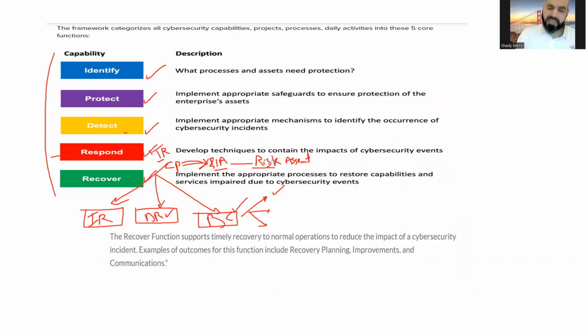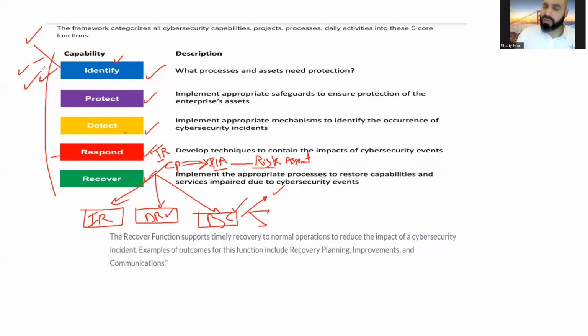Okay, so basically what Faisal is saying is that we start our risk assessment at the early beginning, when we started our core function here, which is the identification area. In identification, we are basically saying what are the assets we have, what are the threats we have, and what are the vulnerabilities we have.